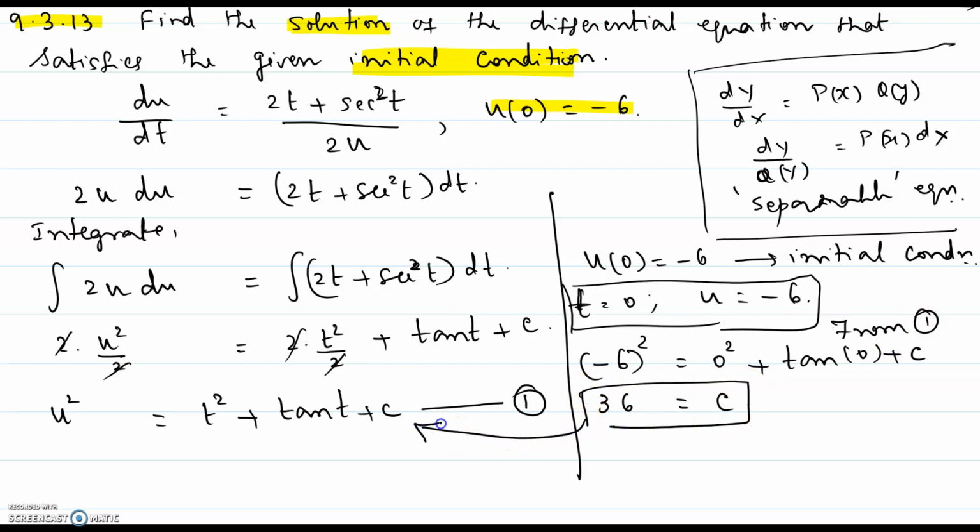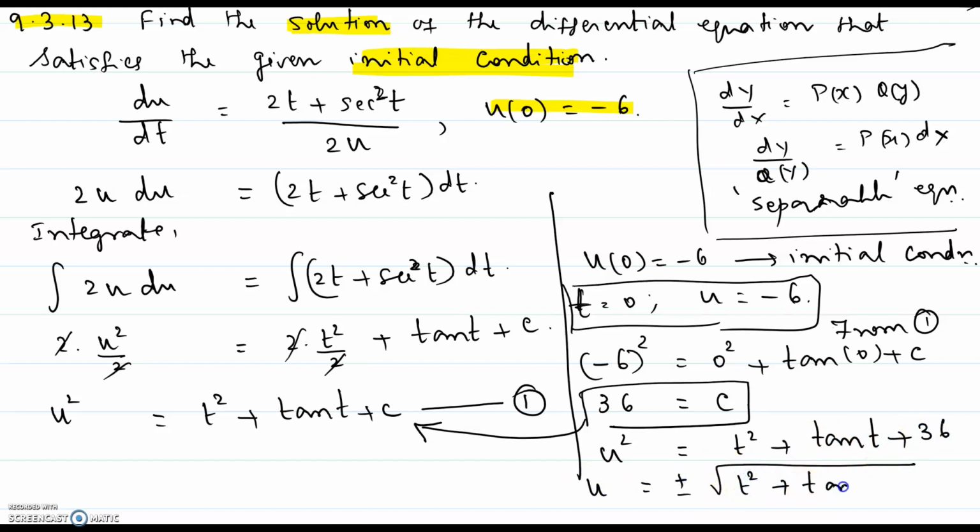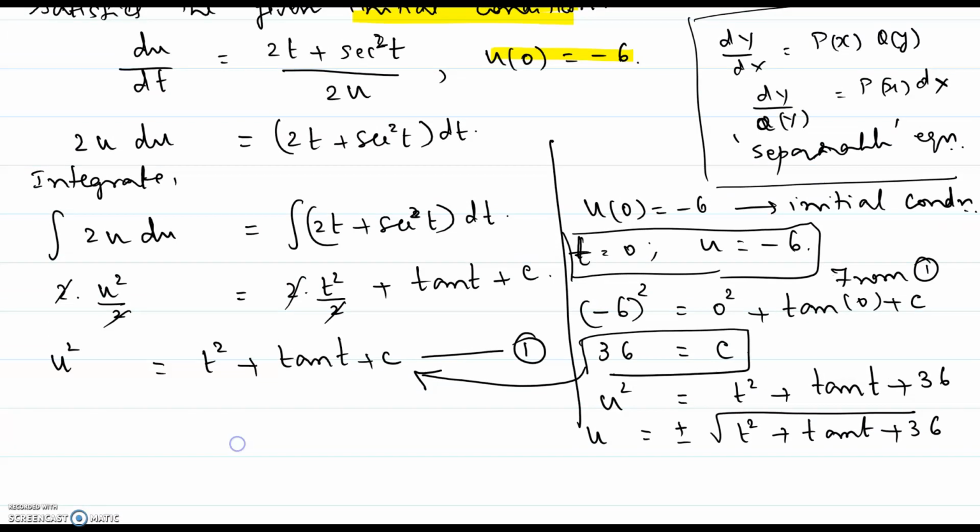Then get back to the step and plug in constant c. So u square equal to t square plus tan of t plus 36, or u equal to plus or minus square root of t square plus tan of t plus 36. But which of the two values will be okay here?